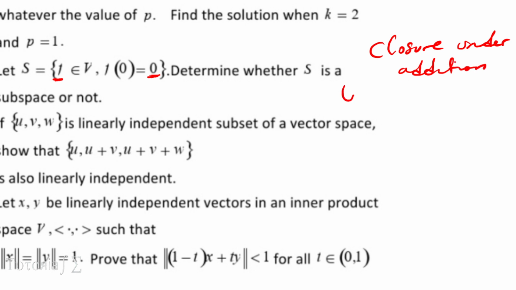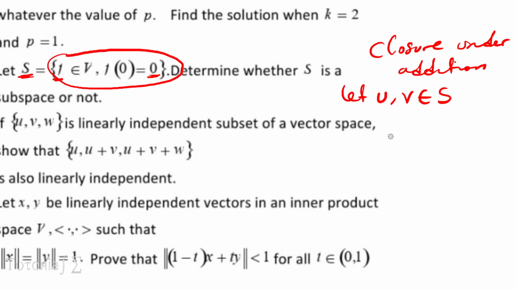For closure under addition, we let U and V be elements of this set S. We're just following the same thing here.